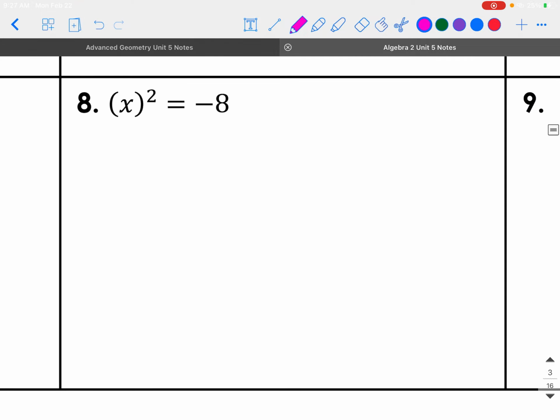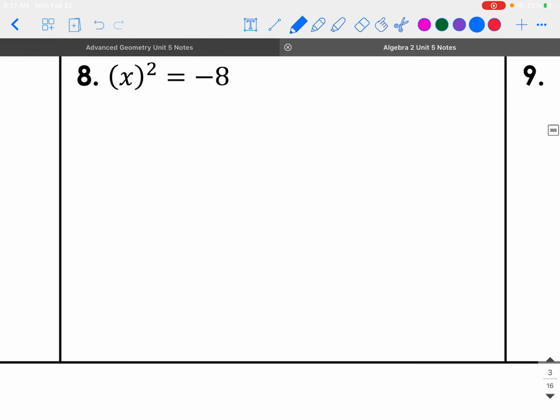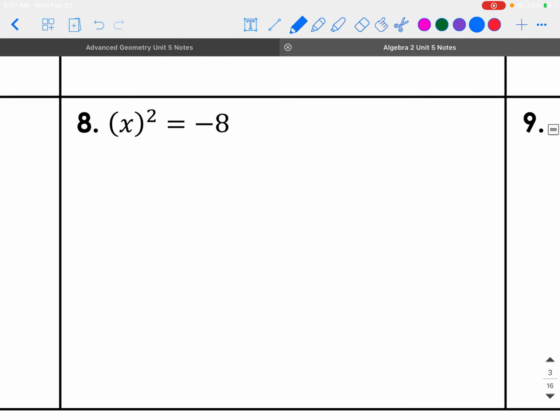Number 8. I need to add 8 to both sides. That gives me x squared plus 8 equals 0. This one is a little confusing because we don't have some number in the parentheses.